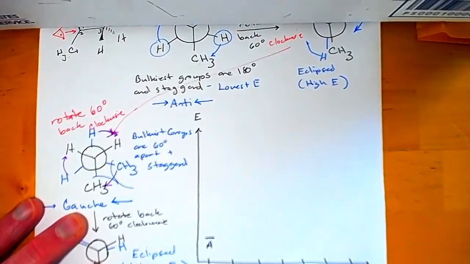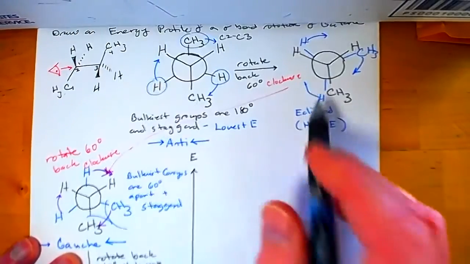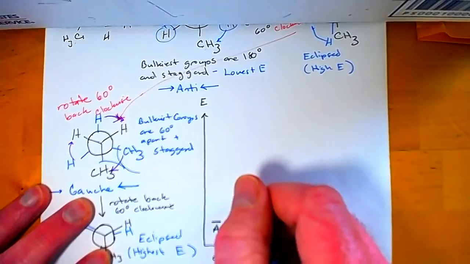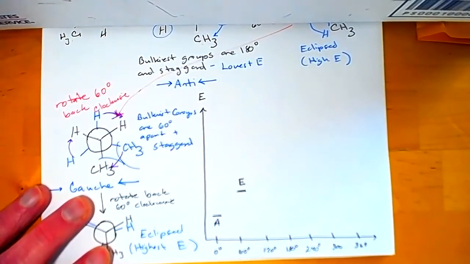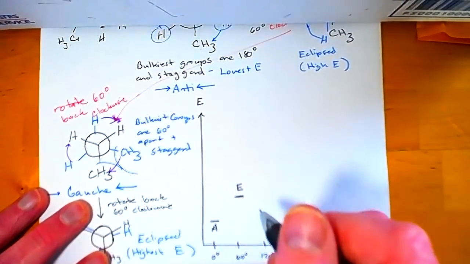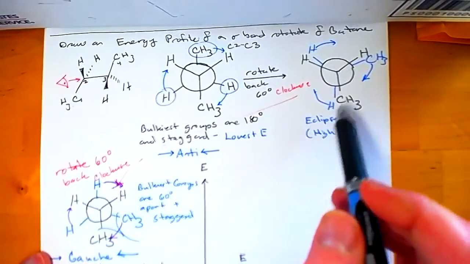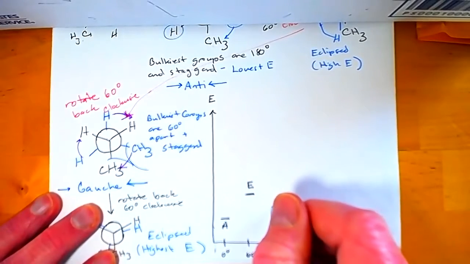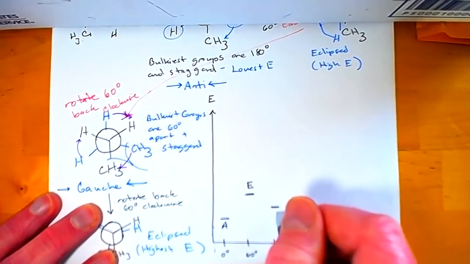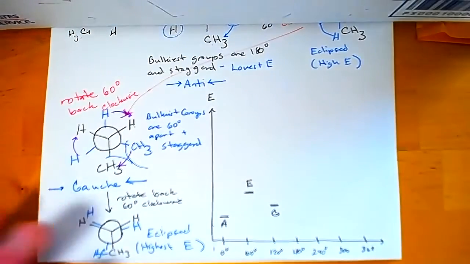Okay, then this is going to climb in energy until we get to this eclipsed conformation at 60 degrees. Okay, and then we're going to rotate again and we're going to go back down in energy, but we're not going to go down in energy as far as the anti, and that's where we're going to have our gauche conformation.